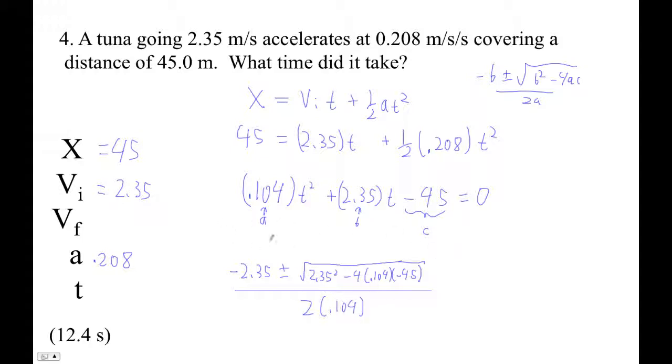Now, the trick to doing it on the calculator: you either use the fraction on your calculator, or you have to put the numerator in parentheses and the denominator in parentheses, and that's what I'm going to do. So I just follow the parentheses.